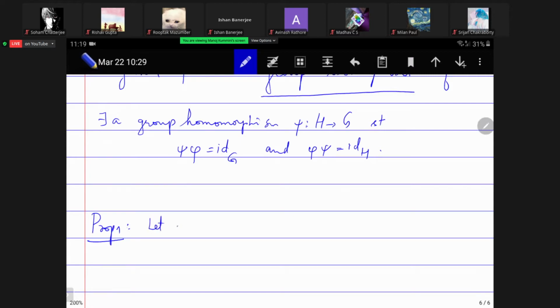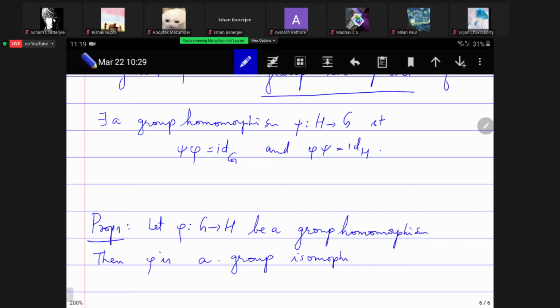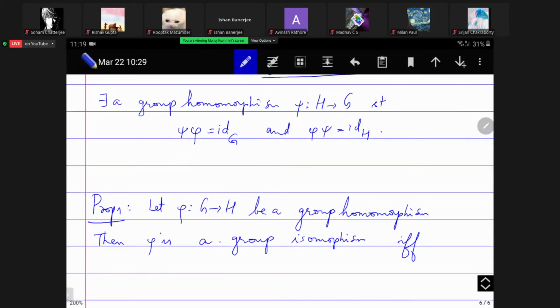Let phi from G to H be a group homomorphism. Then phi is a group isomorphism if and only if phi is bijective.